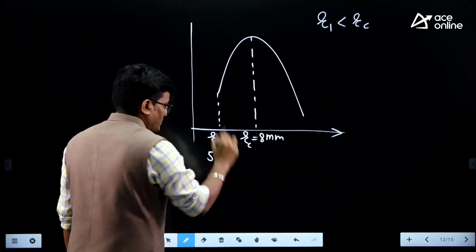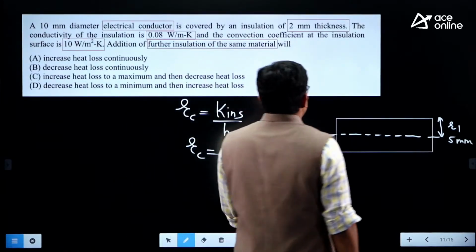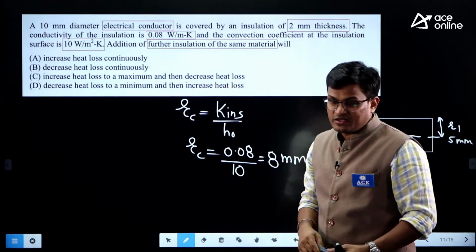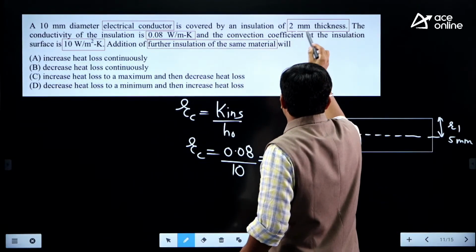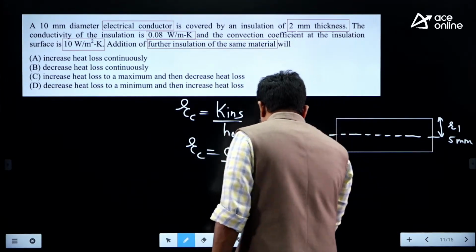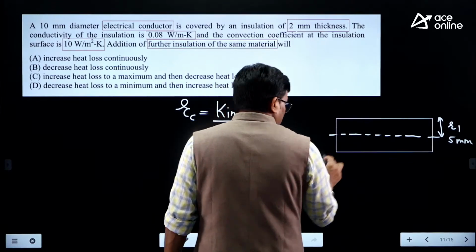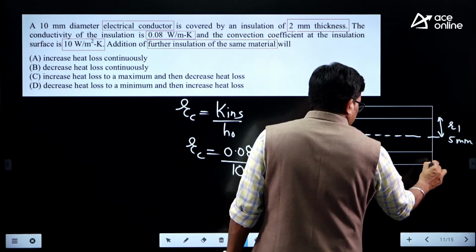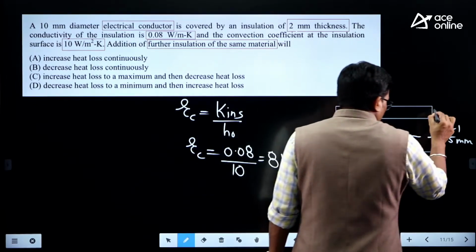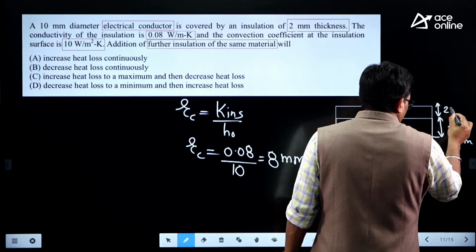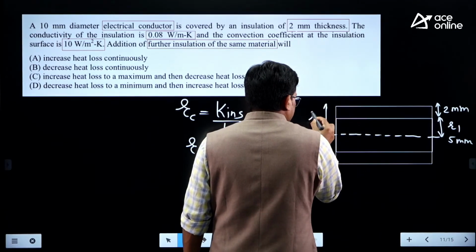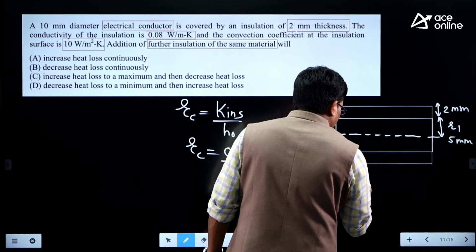So this is 5. Now, what did he ask in the question? Addition of further insulation of the same material. So already there is an insulation of 2 mm. Make sure that there is an insulation. So 2 mm you have to add here. So this R is equal to what?